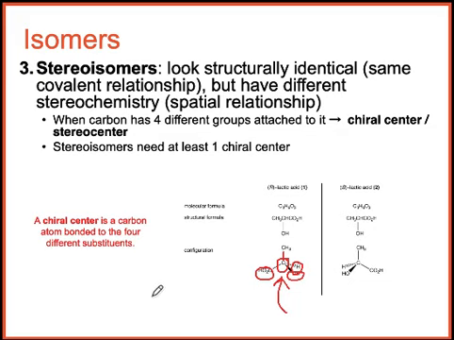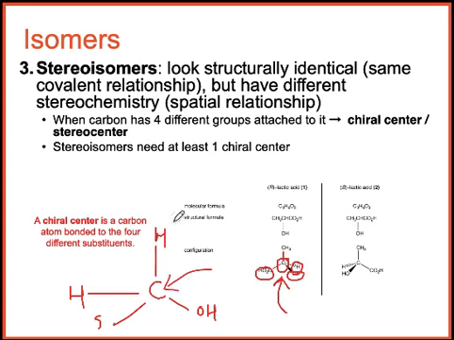Let me give you another example. What about this? CH, OH, a hydroxyl. We're going to have over here a sulfur, and here we'll have another hydrogen. This is not a chiral carbon. Why? Because we have one hydrogen here and another hydrogen over here.